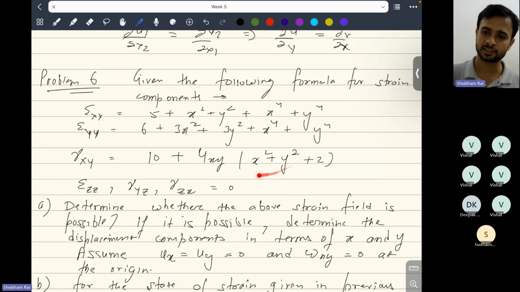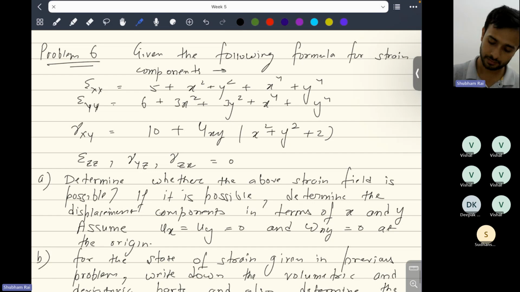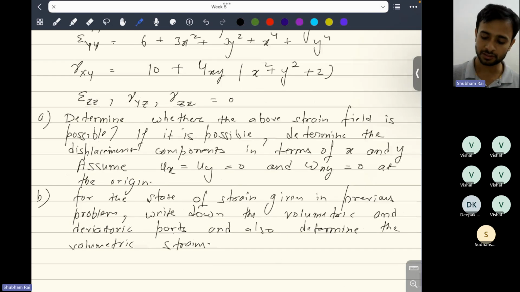So you have to integrate this strain field and put all these three conditions to find ux and uy. Once you have the displacement components, you have to write down the volumetric and deviatory parts of the strain, and determine the volumetric strain also.